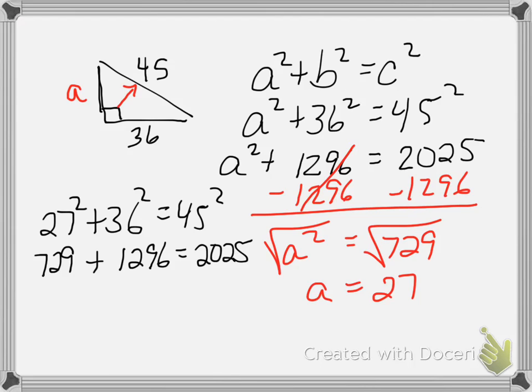So 1296 plus 729, yep, is 2025. So then I know for sure that's a right triangle and that I did it right.